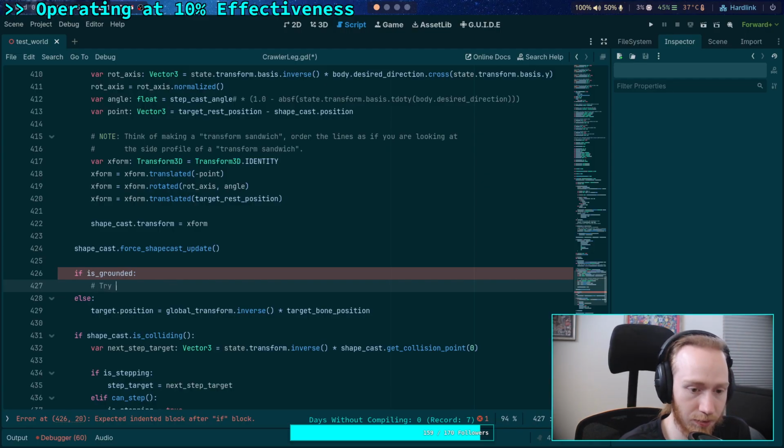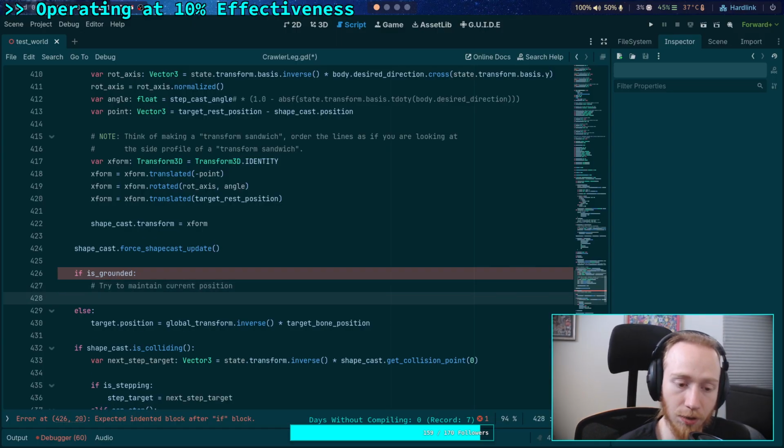Otherwise, try to maintain current position. So I guess what I say is I take whatever that difference is, and maybe I say, what's like an acceleration?